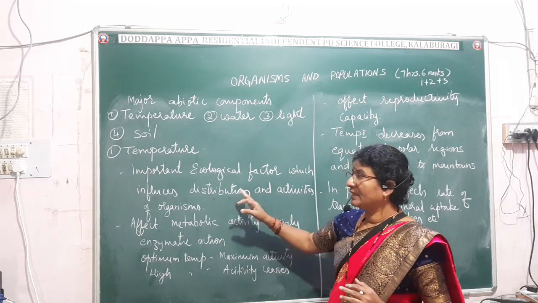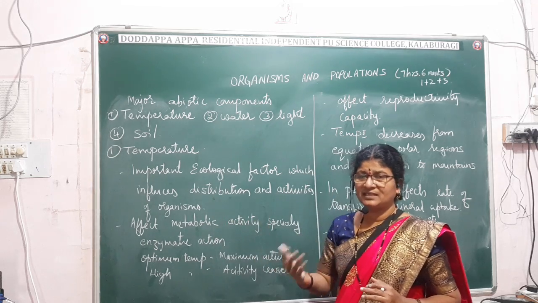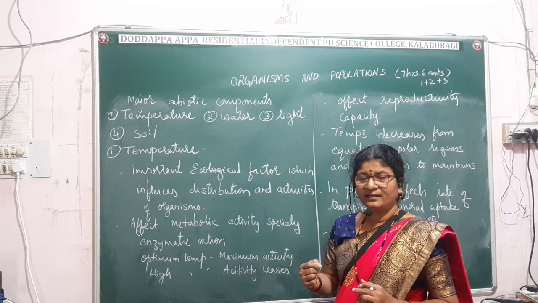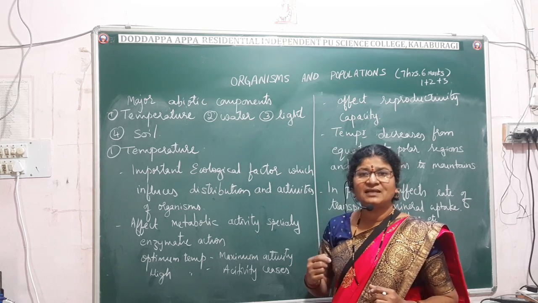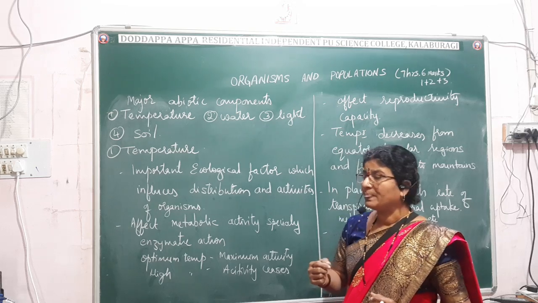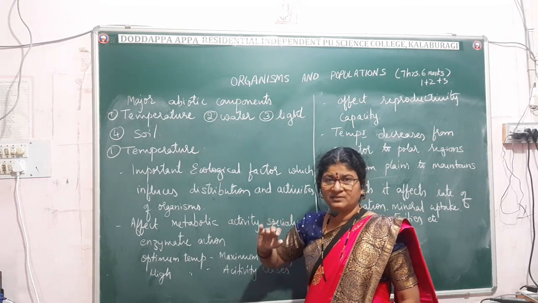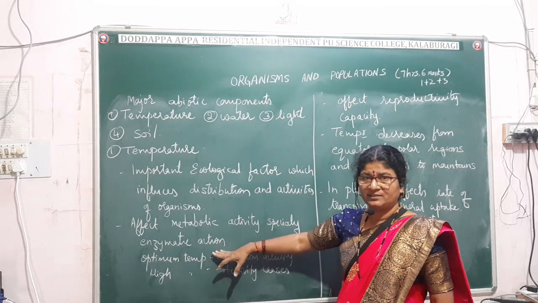Temperature affects the metabolic activities both in plants as well as in animals. Among the metabolic activities, the majority are based on enzyme kinetics. Enzymes work to their best at the optimum temperature.